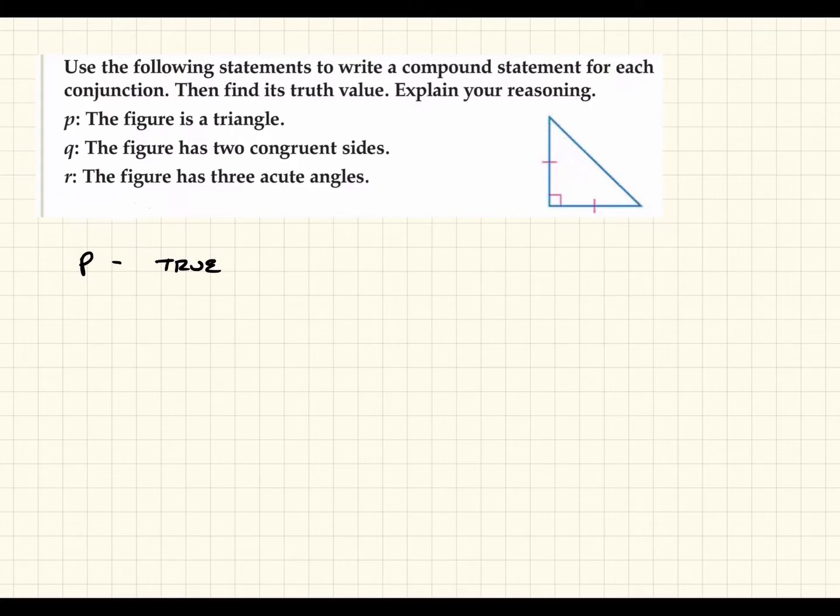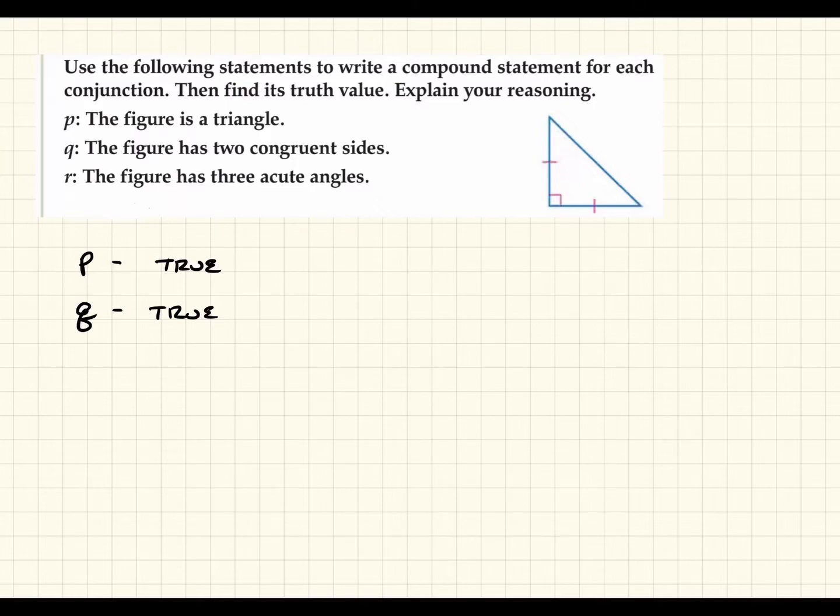Next, statement Q: the figure has two congruent sides. I see that we have these little marks there, which means congruence between sides. So yes, the truth value for statement Q is also true. We're going to mark Q as true.